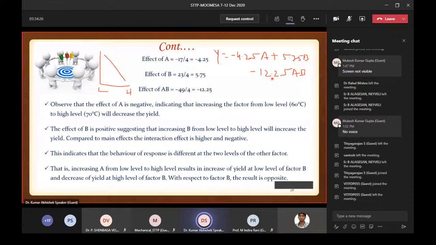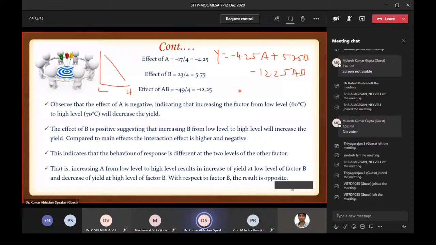Suppose you move the value of A from low to high, then your crop yield is increased. कब होगा? जब फैक्टर B की वैल्यू लो पे होगी तभी वो इंक्रीज करेगा. अदरवाइज अगर हाई पे रहेगा तो क्या होगा? इट इज गोइंग टू बी डिक्रीज. क्लियर है?